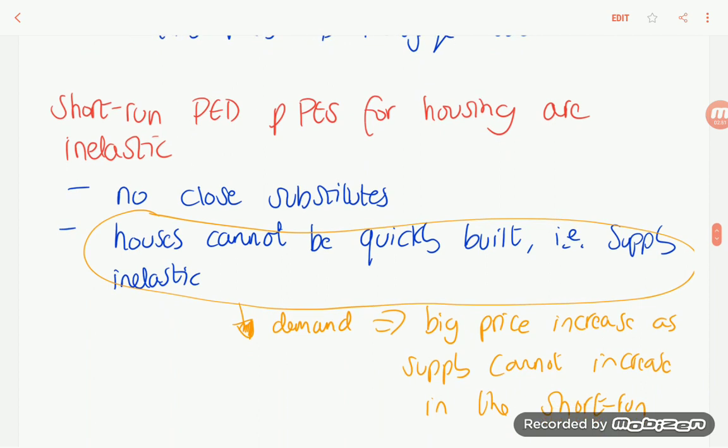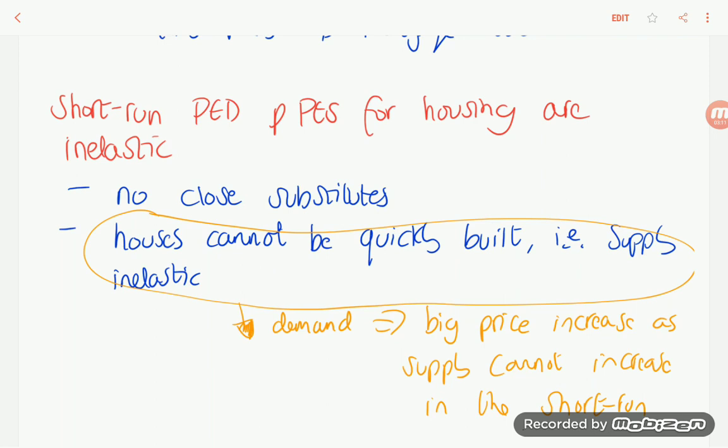Short-run PED and PES for housing are inelastic. There are no close substitutes for housing. This means the price elasticity of demand is inelastic, so a rise in a price causes a smaller reduction in demand. The price elasticity of supply is inelastic too.